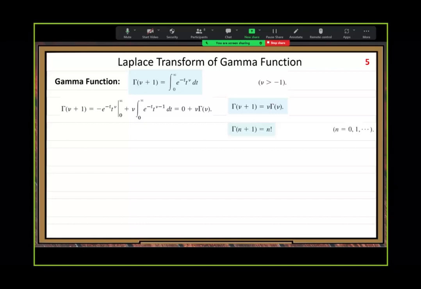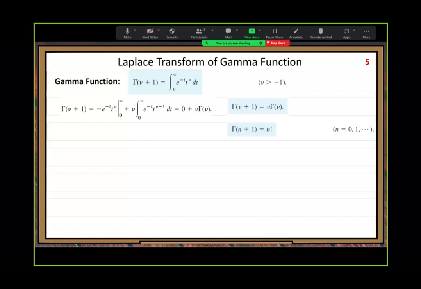But if we look at the integer case, when nu equals an integer, it's just a factorial. Because you do the recursion again and again, you will get gamma of n plus 1 equals n factorial. So you can treat the gamma function as a generalization of factorial.